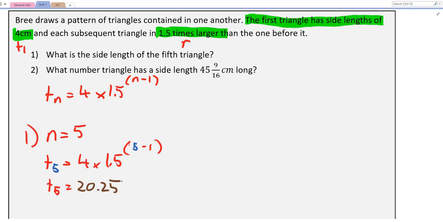Isn't it 4 times 1.5? Press the up arrow, and it should automatically put a little box there. 1.5 to the power of 4. I think that's it. Yeah, let's go. 3 times 3. What's 7 times 7?